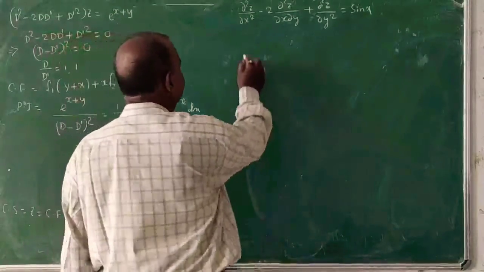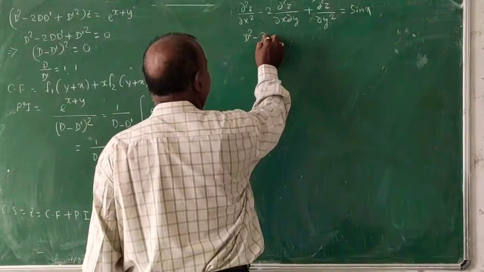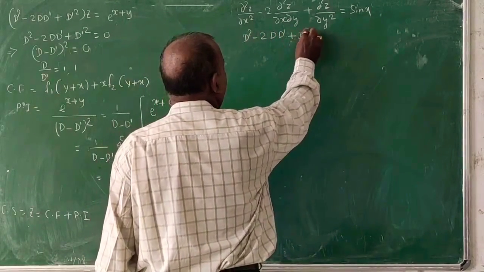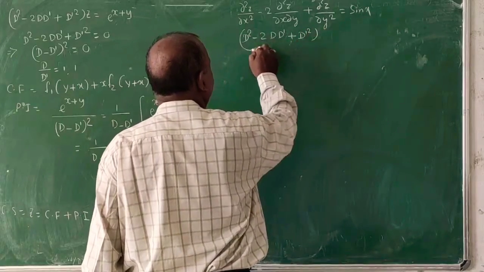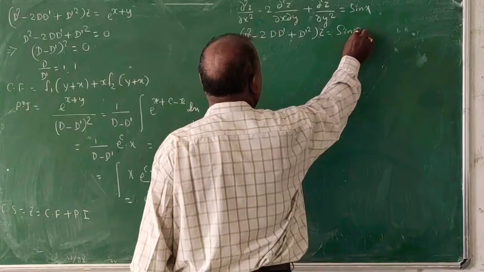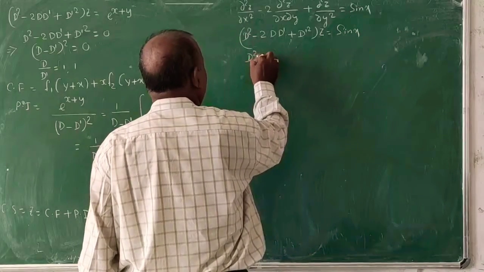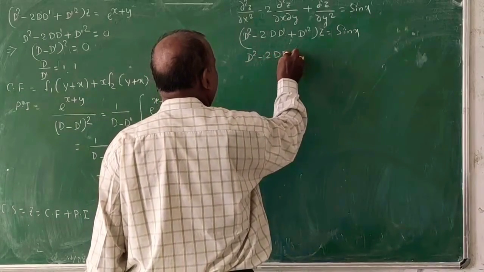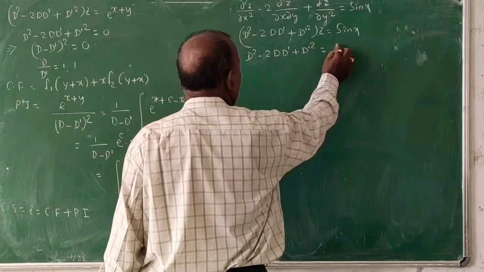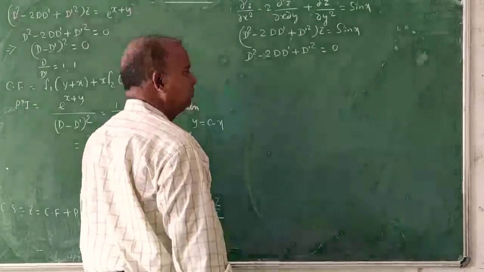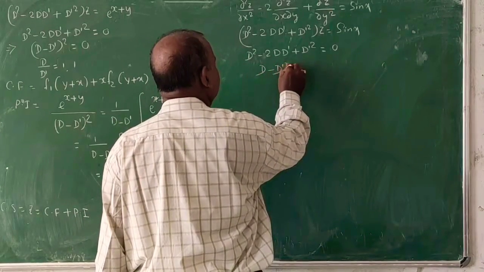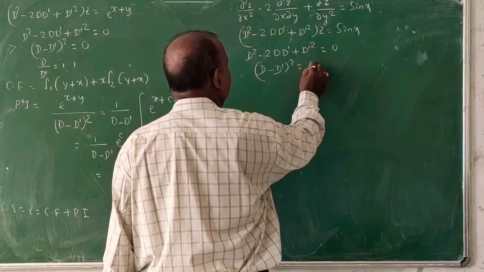Now I can write this as d square minus 2 d d dash plus d dash square operate on z is sin x. So d square minus 2 d d dash plus d dash square is equal to 0. So I can write this as d minus d dash whole square equal to 0.